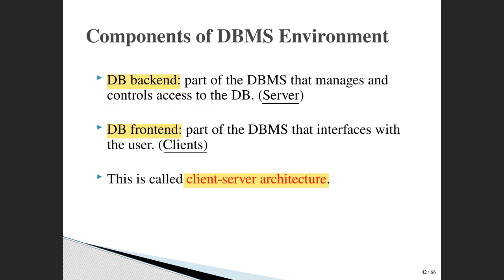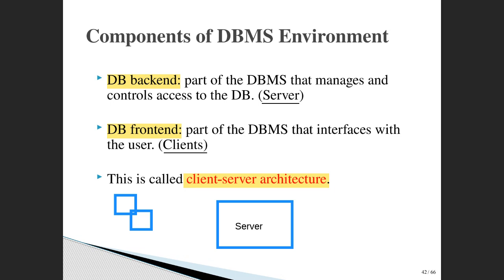If I can draw it here, it will clarify the idea. So for example, let's assume that this is the server. Client server architecture means that we have a central system, which is called the server, and there are connected devices here. Let's assume that these are the clients.